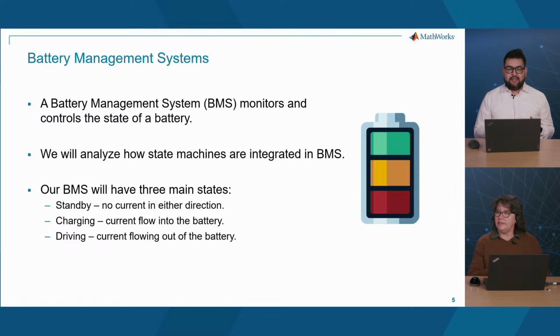Basically, it's a device that monitors and controls the state of a battery. At a core level, they will monitor current, voltage, and temperature of the battery to try to determine how much energy is in the battery and what the battery can do. Today, we're going to be looking at how state machines are integrated in BMS.